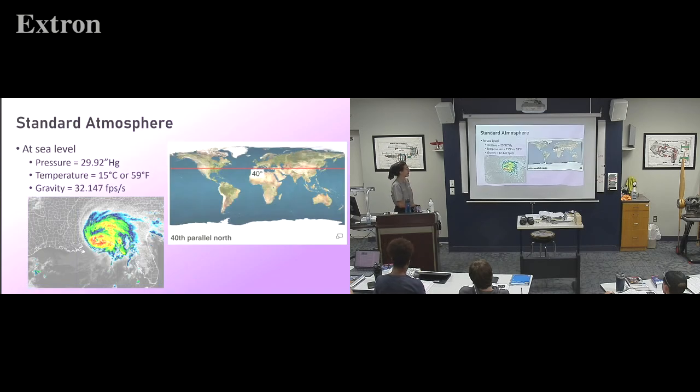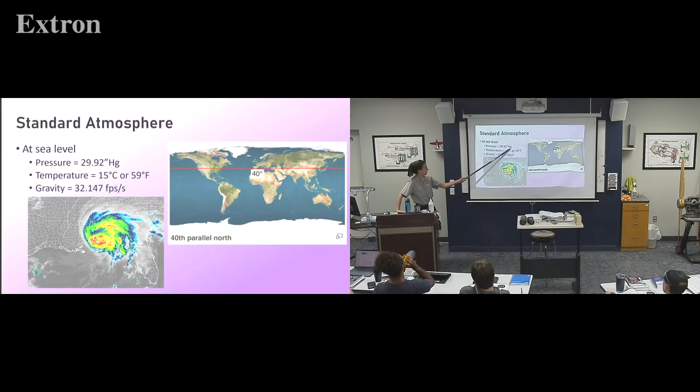Now, for applications, we've got standards. So they have come up with, I say they, I don't know who they is, scientists. Anyway. If you are at sea level, what is defined as a standard day is pressure at 29.92 inches of mercury.